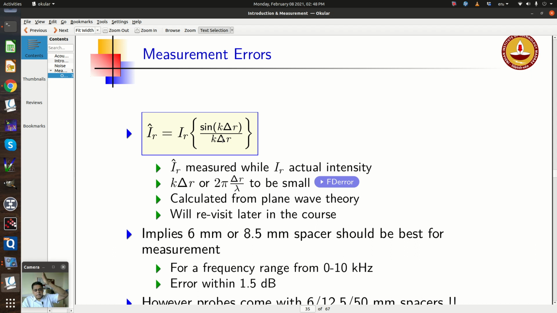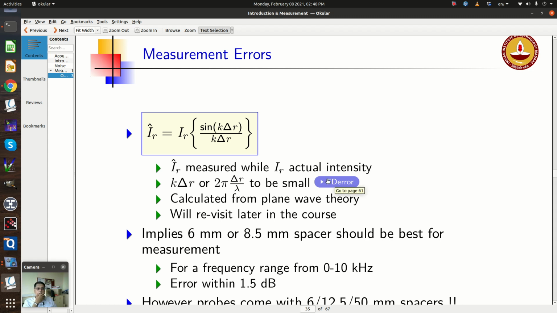You know that when k delta R is very small, the value is almost 1. K is the wave number, which is 2 pi by lambda. So I need this spacer designed such that k delta R is as small as possible.